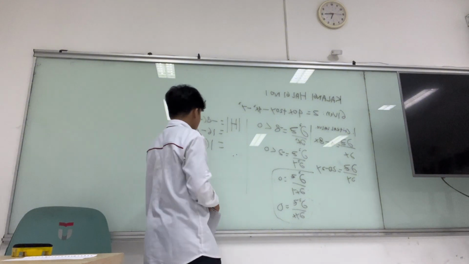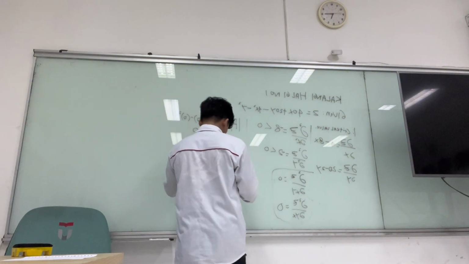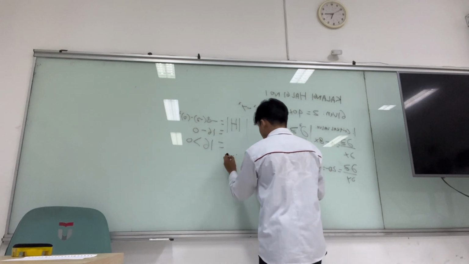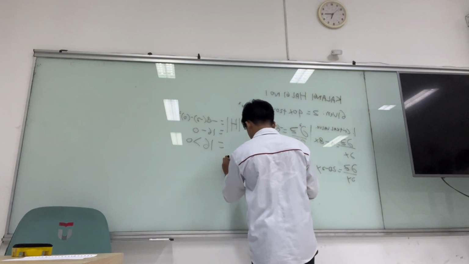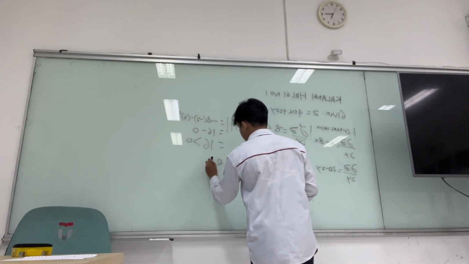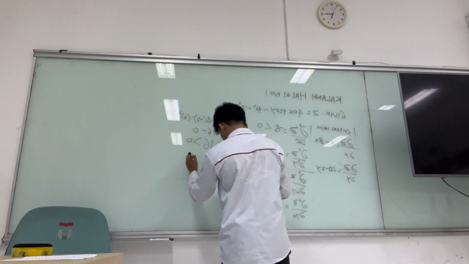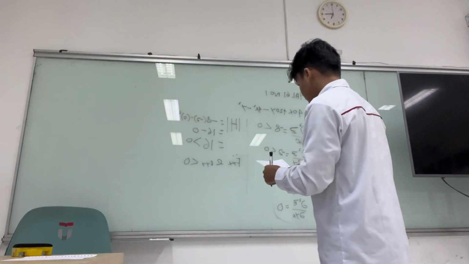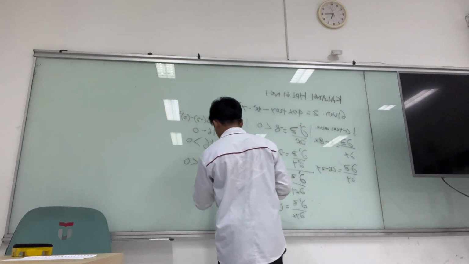Since 16 is bigger than 0, and the second derivative of f with respect to x is smaller than 0, this is the local maximum.